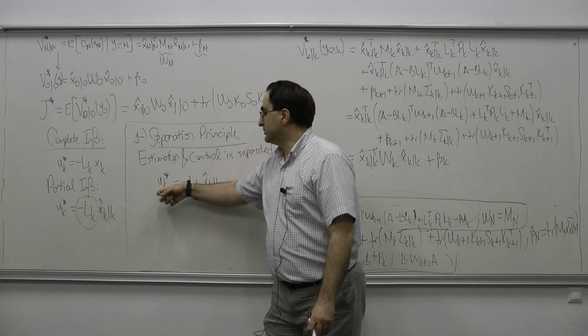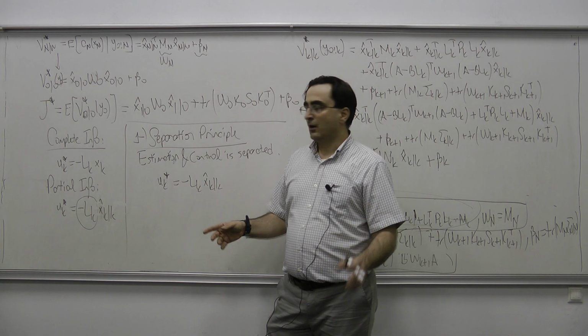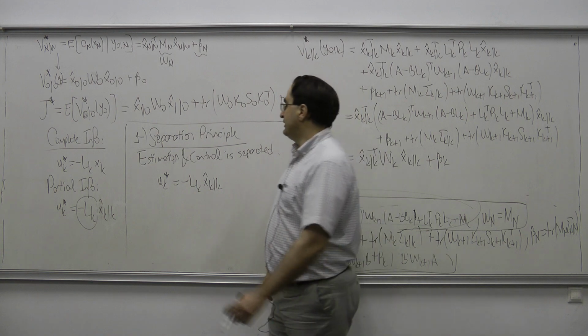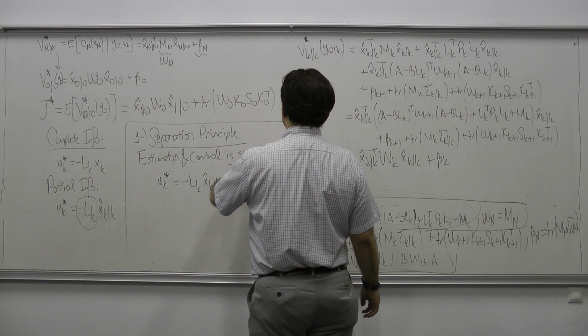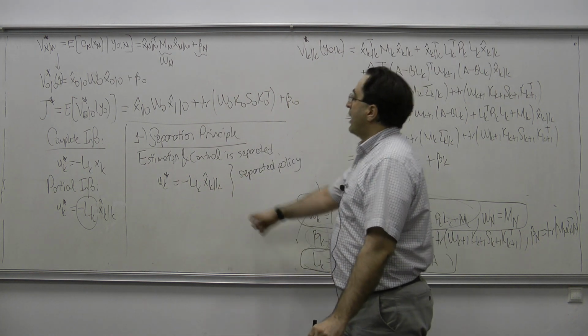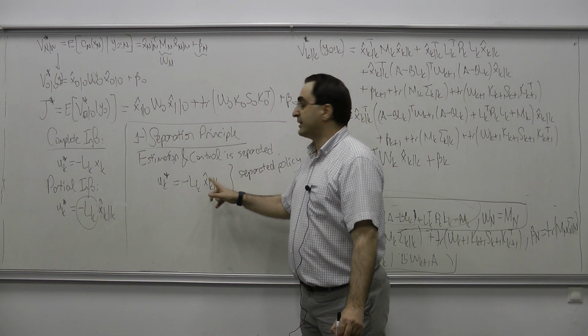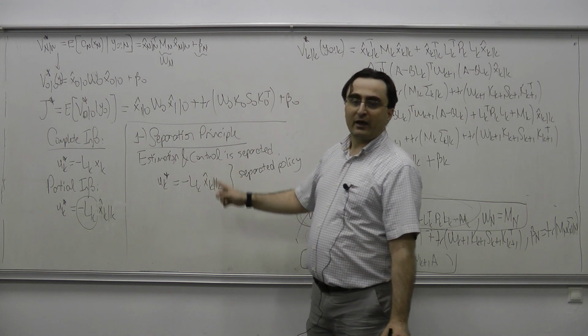Okay? The optimal input depends on the measurements y0 to k only through the estimate of the Kalman filter. These types of policies are called separated policies. The outputs are not seen in this formula directly. They are only seen through this estimate.